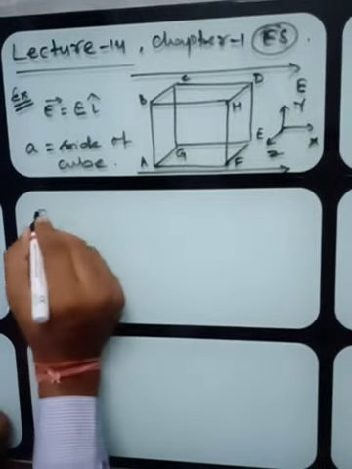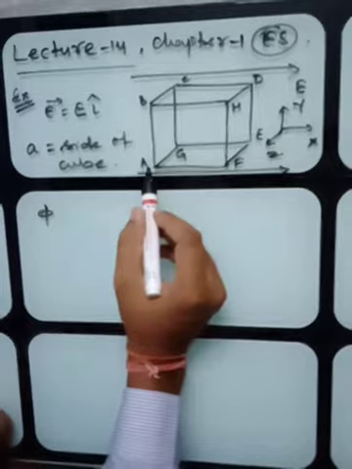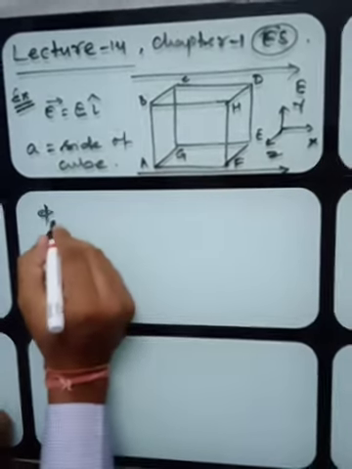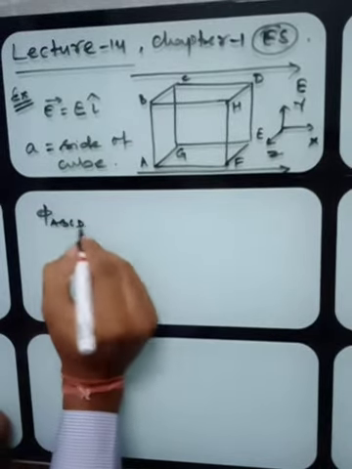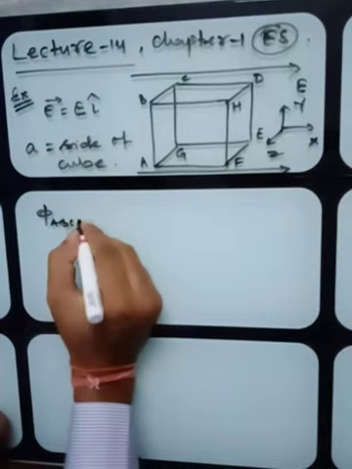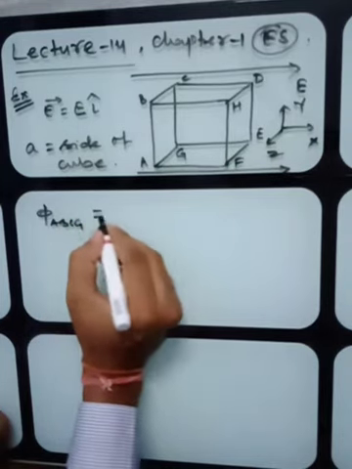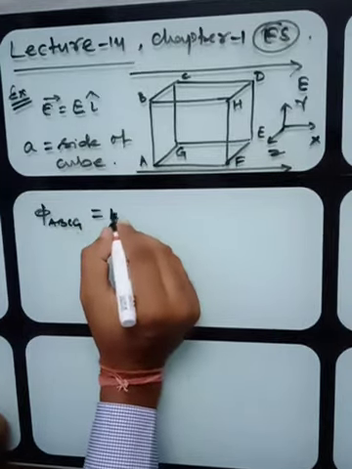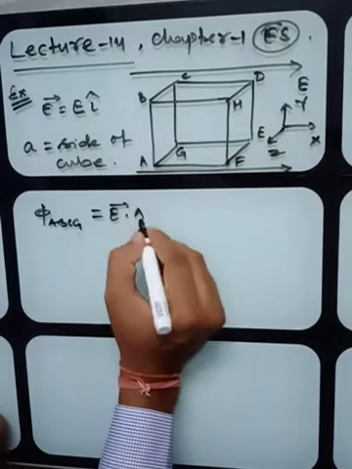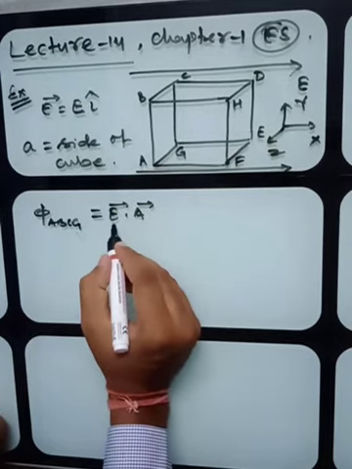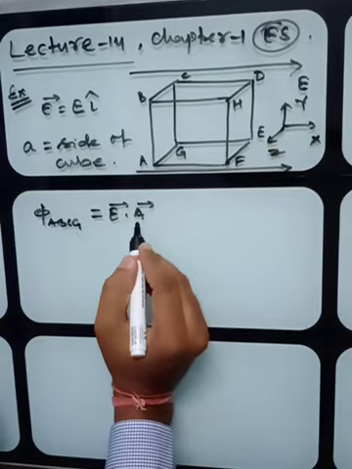Here the first one, the flux by this face ABCG. What is the formula, students? Actually the formula is E dot A. This is the electric field and this is the area vector.